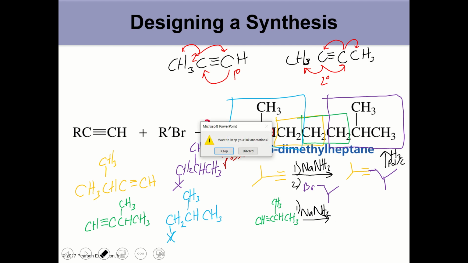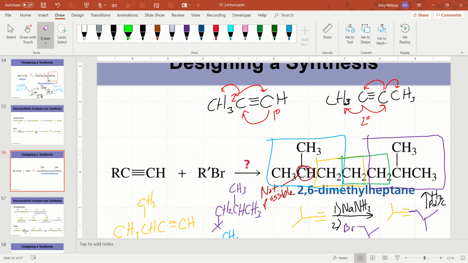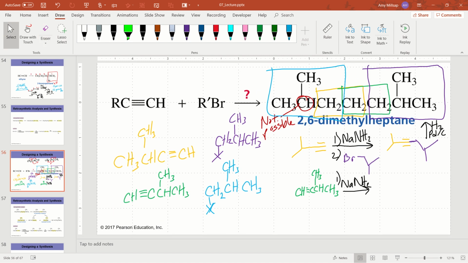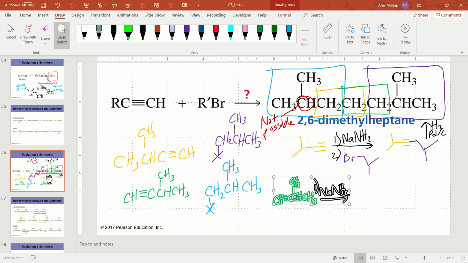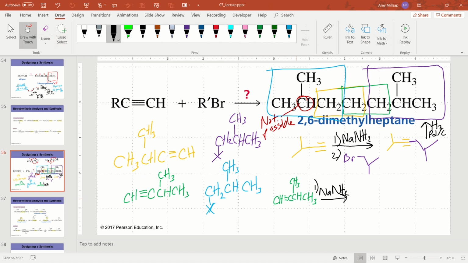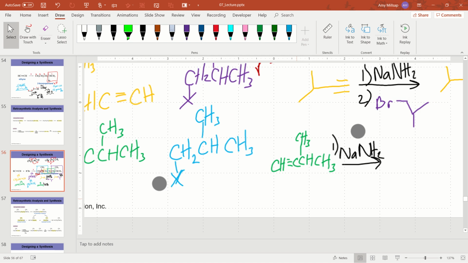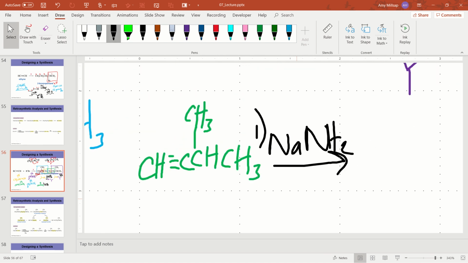Let me just move this over here, and then zoom in to treating with my blue alkyl halide.